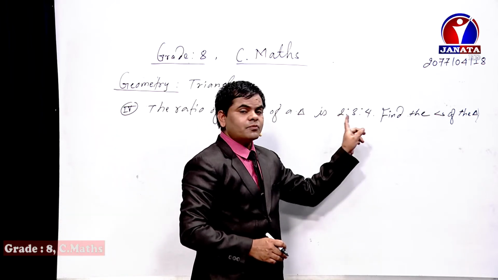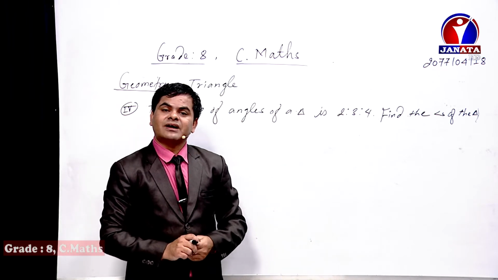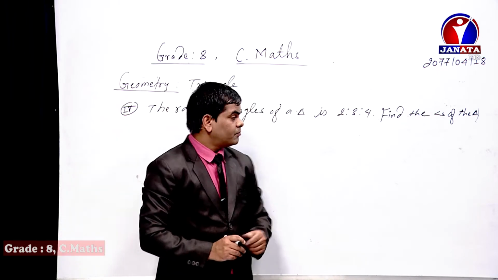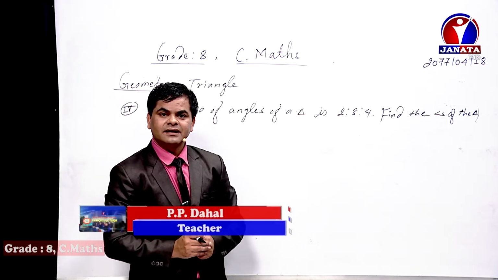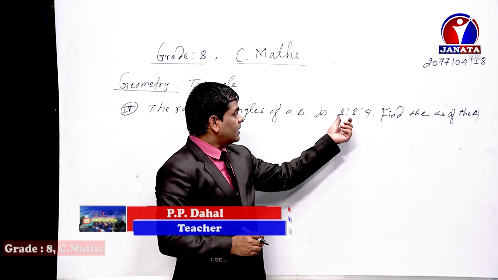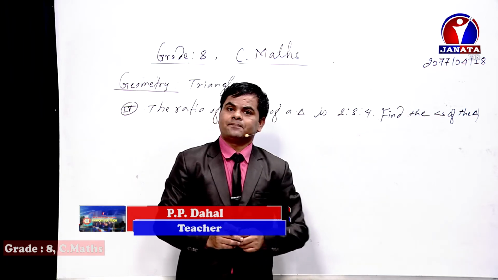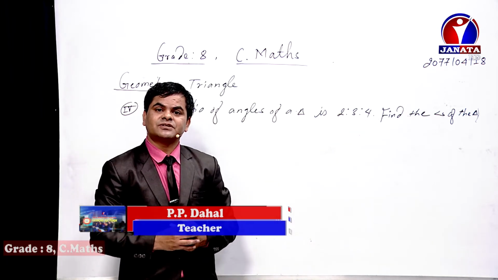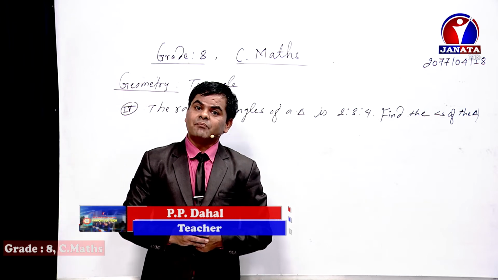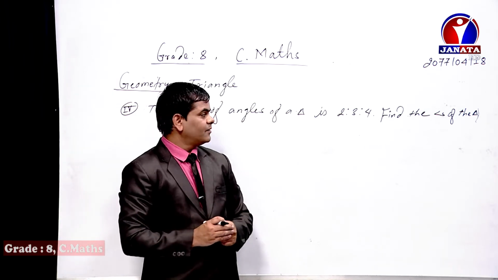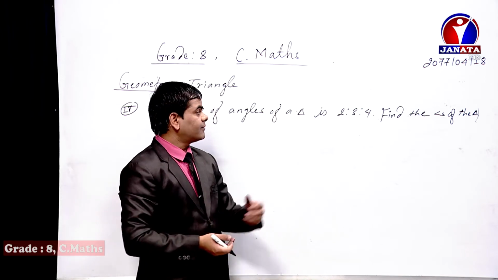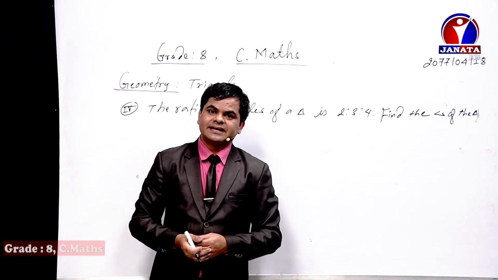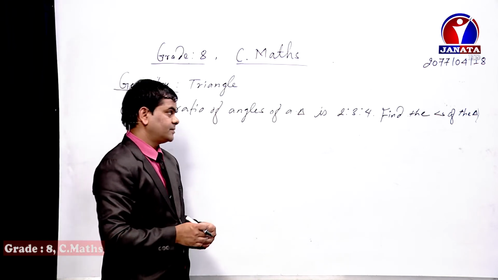We need to keep one variable, either x, y or z, multiplying with these three ratios of the angles of the triangle, and then by adding those three parts of the angles of the triangle and comparing with 180 degrees, we can find the value of x, y or z. And after getting the value of x, y, z, you can find the unknown angles of the triangle.